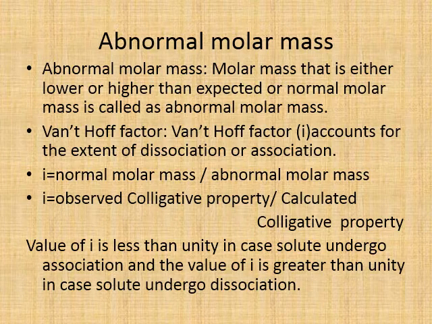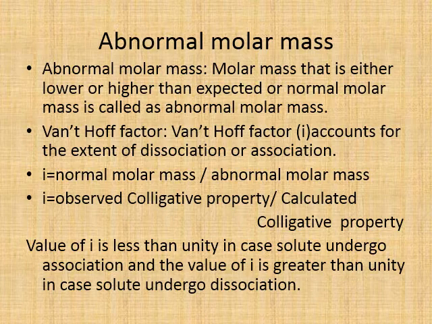Now one more concept, abnormal molar mass. A molar mass that is either lower or higher than the expected or normal molar mass is called abnormal molar mass. To calculate the degree of association or dissociation, scientists introduced a factor called the Van 't Hoff factor.